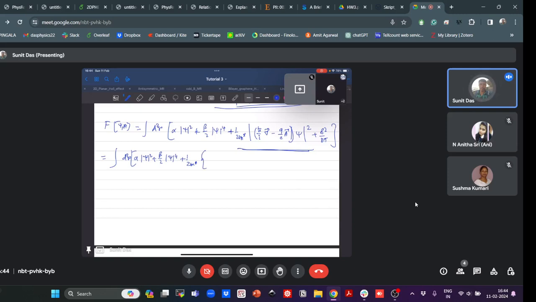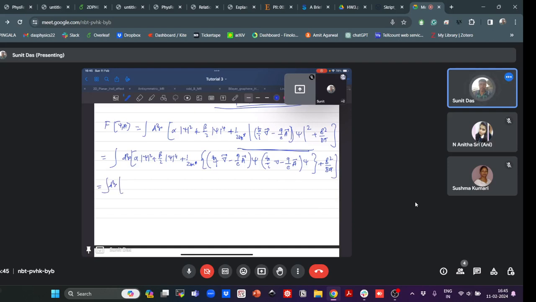So let's write this more clearly: h by i grad minus q by c A, then h by i grad minus q by c A, psi operated, and then plus B square by 8 pi, right?